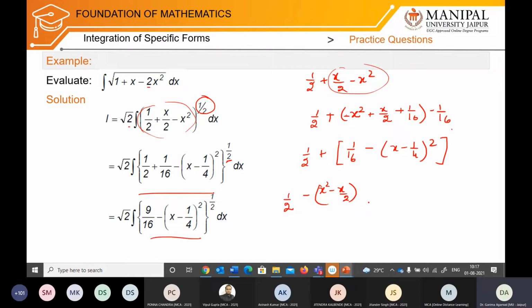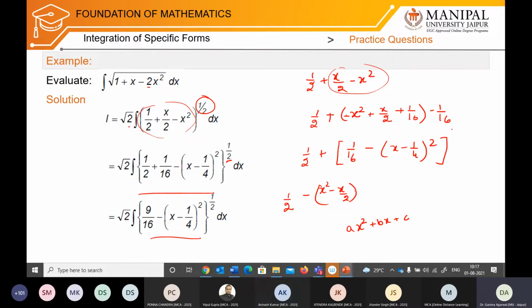Our standard quadratic form is ax square plus bx plus c, right?